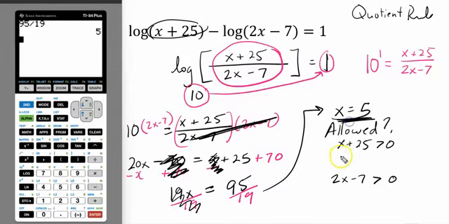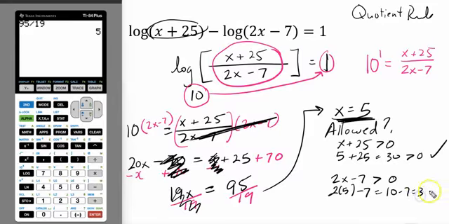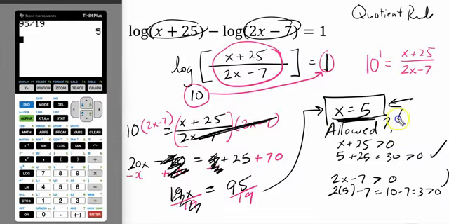So if x is 5, this becomes 5 plus 25, which is 30, which is a positive number. All right, so far so good. And if x is 5, then I have 10 minus 7, which is 3, which is also positive. So all of my arguments are positive, so this is allowed, and so that will be my answer. That is my solution to the original problem.